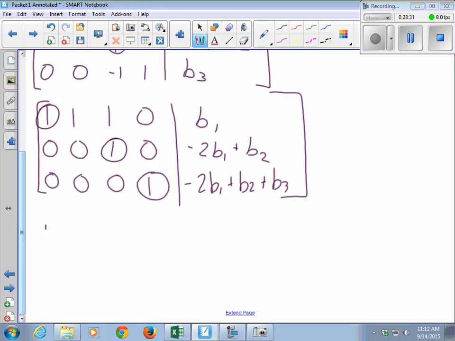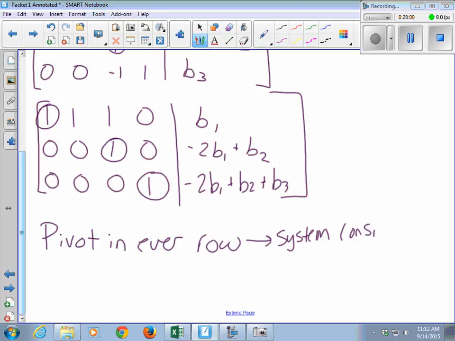So pivot in every row actually tells us, answers the question for us right away. I didn't have to do this augmented part, right? Having a pivot in every row automatically means that your system is going to be consistent. It doesn't tell you what the solution is, just that it's consistent. So pivot in every row, system consistent.